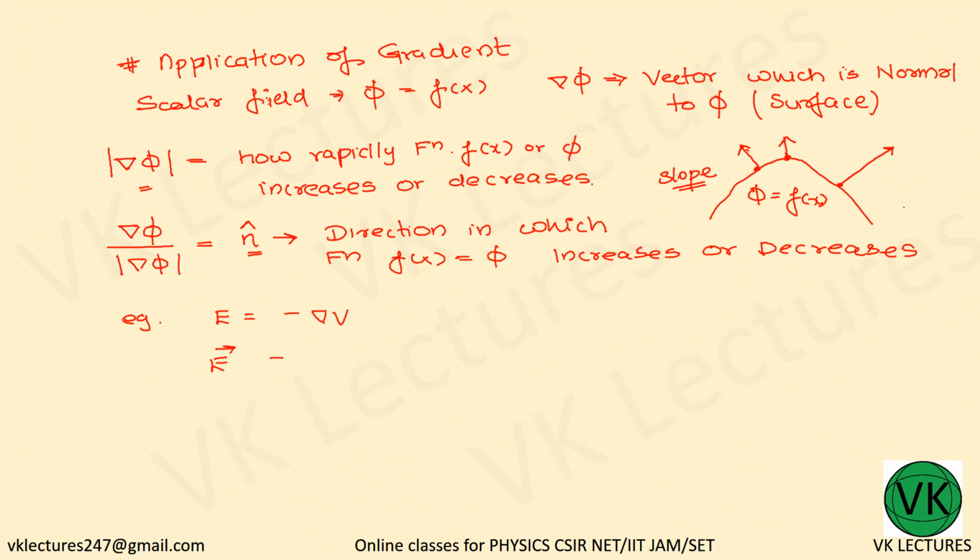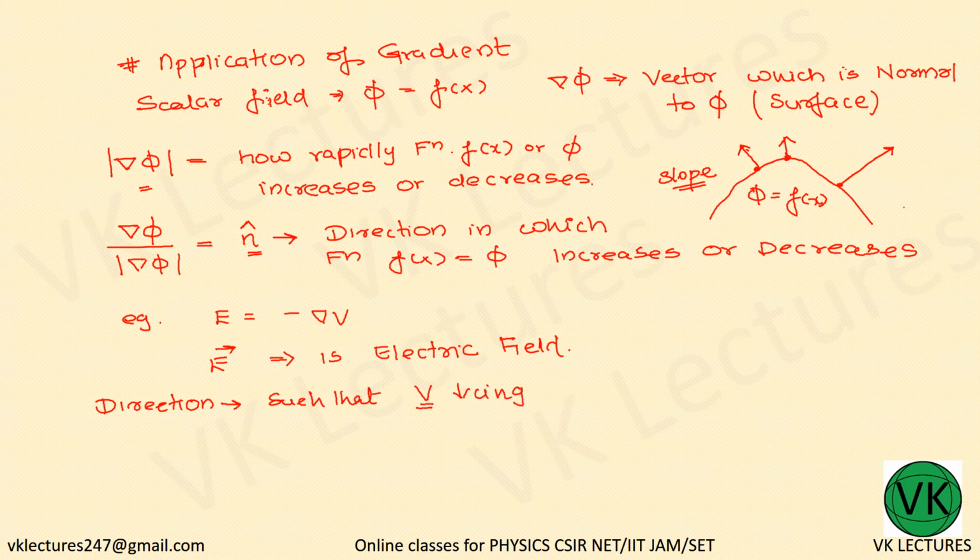E is the electric field, and its direction is such that V is decreasing. It is in the direction where the potential is decreasing.